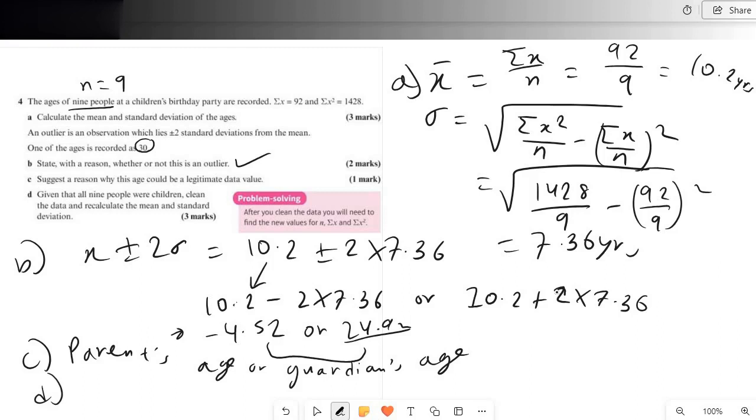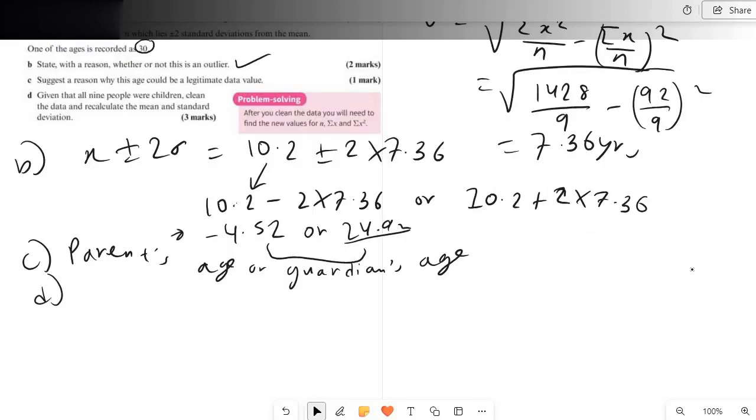For number D, given that all 9 people were children, clean the data and recalculate the mean and standard deviation. So what this means is that we have to remove the value of 30 from our data. So the new summation of the age is going to be 92 minus 30, because we're removing 30 here, which gives us a value of 62.